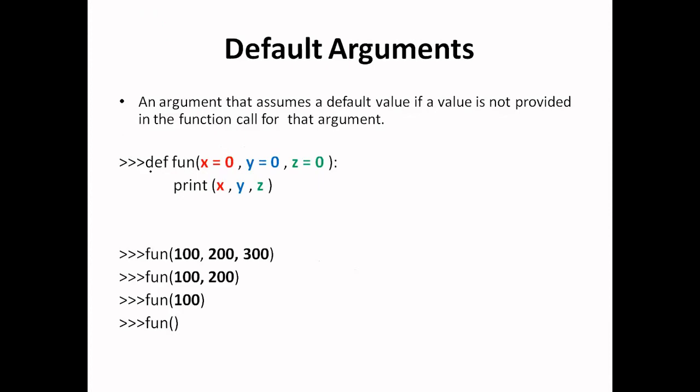So let's take our example. In this case, I have written this function fun, which has three parameters, which have default value set to 0. And when we call this function fun, it can be called in multiple ways.